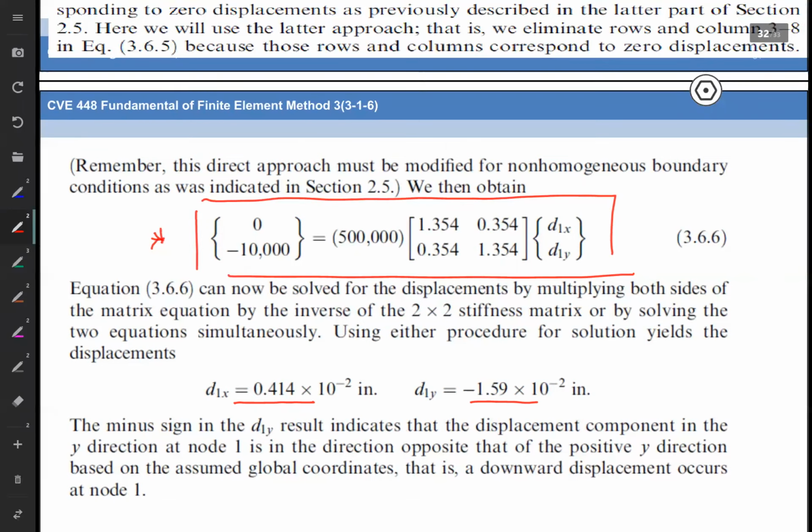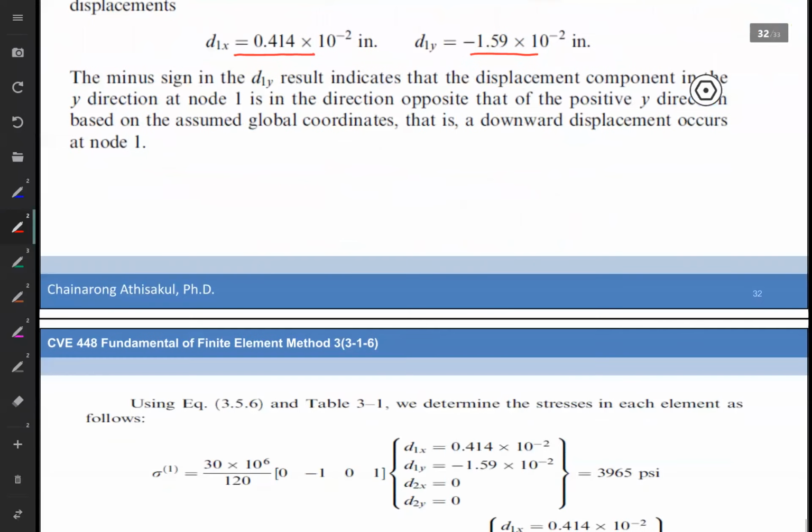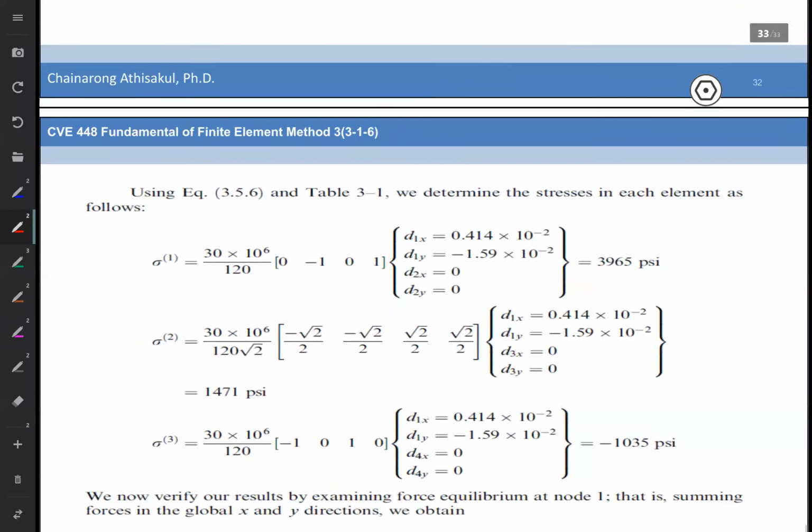And if we would like to find the force, the stress, sorry, for this example, we determine just the stress in each element. Okay, we follow the previous example.